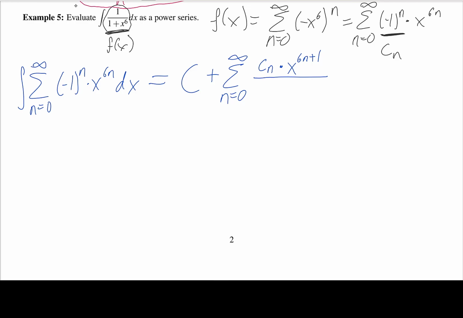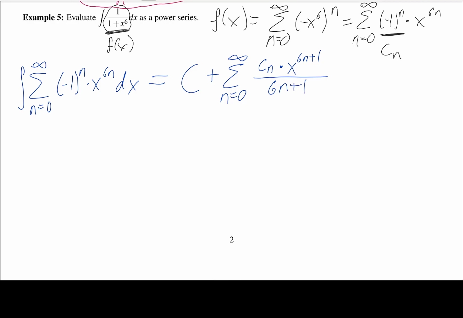So remember, this is really just our integral rules for powers, right? Whenever we have something like x to the 4th and we integrate it, we add 1 to the exponent and divide by it. So I'm keeping the constant the same, right? Because in integrals, we can pull out the constant. I'm adding 1 to my exponent of x and then dividing by that new exponent, right?